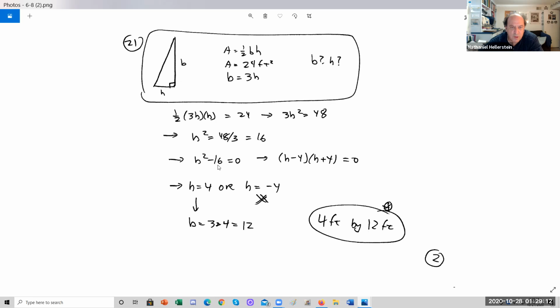This is a difference of squares, h squared minus 4 squared, and that's difference times sum. h minus 4 times h plus 4 equals 0. If h minus 4 is 0, then h is 4. If h plus 4 is 0, then h is -4. Negative lengths don't work, so we throw that out. So h is 4, b is 3 times 4, which is 12. So this is 12 by 4.